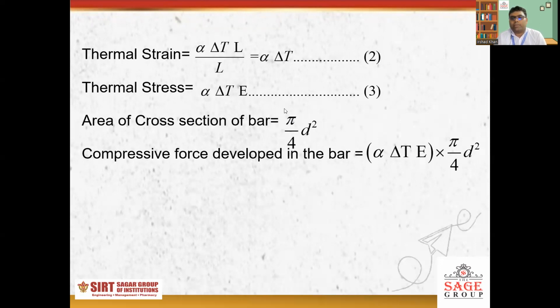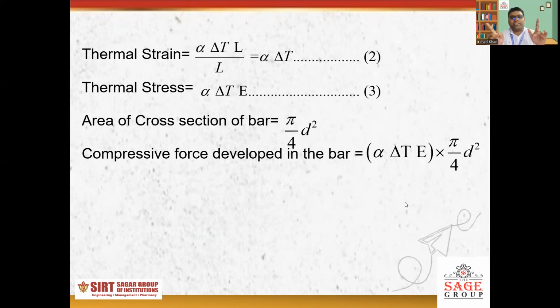You just multiply this term with this. We can calculate the compressive force set up in any single bar made of one material, so we can use these simple relations to calculate stress, strain, and compressive force developed in the bar.